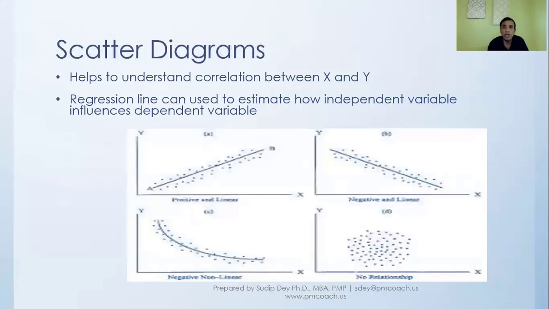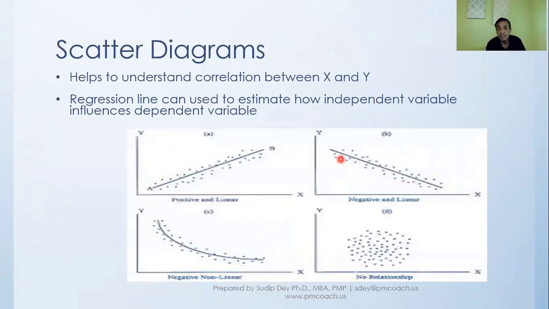If you look at this top left, variables x and y are related in a positive and linear fashion, meaning that as x increases, y also increases. Now, if we look at this one, they are related in a negative and linear fashion.